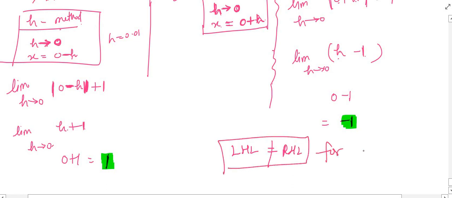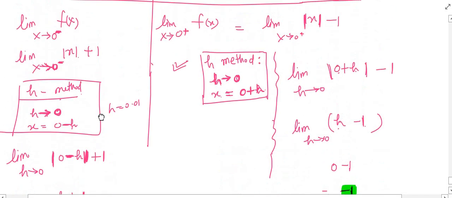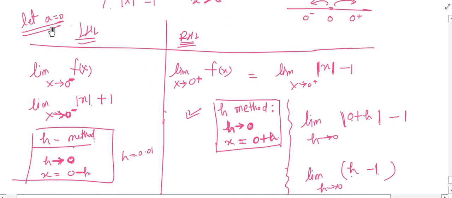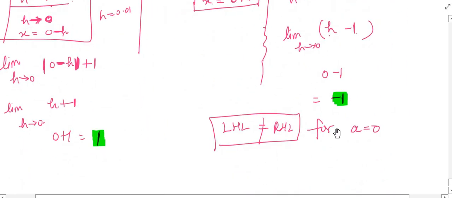So for a is equal to 0, because we started with the assumption that a is 0, for a is equal to 0, write down, the limit will not exist. So they were asking what is a for which it will exist.